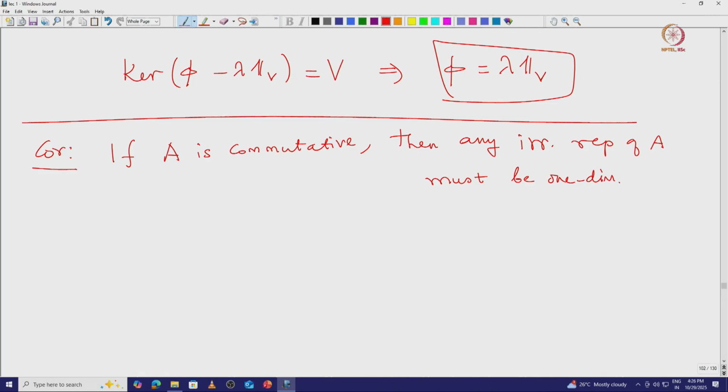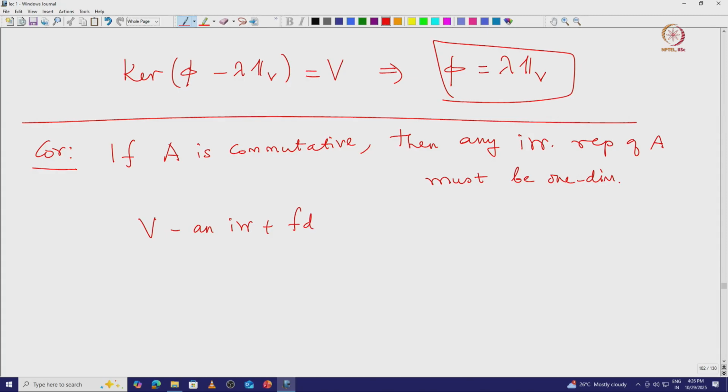Why does this follow from Schur's lemma? We basically use the last fact that any isomorphism on V will be a scalar times identity. Let us fix an irreducible representation, which is irreducible plus finite dimensional.